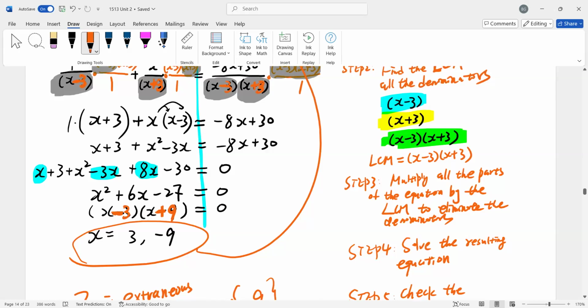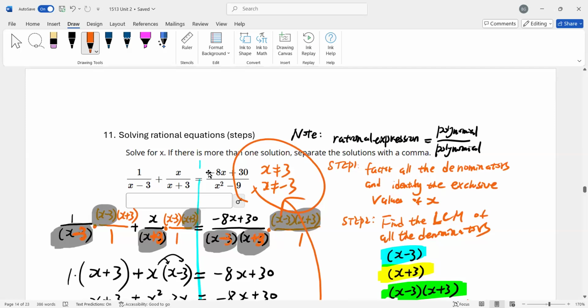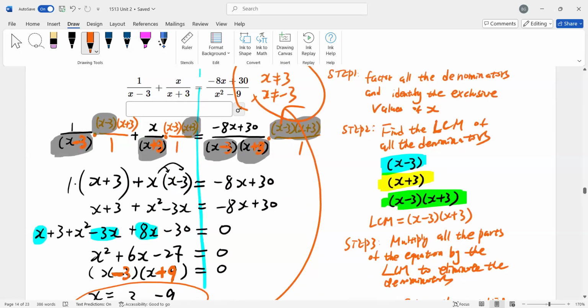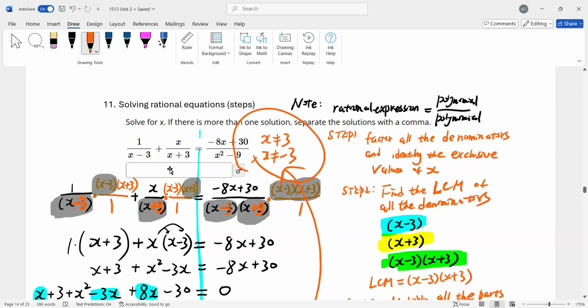For that reason, when you expand your domain, you might invite in extraneous solutions. And those extraneous solutions are in the domain of the quadratic equation, but not in the domain of the original rational equation. So we have to check. Simply put, we have to check for extraneous solutions if we have variable x in the denominator of an equation.